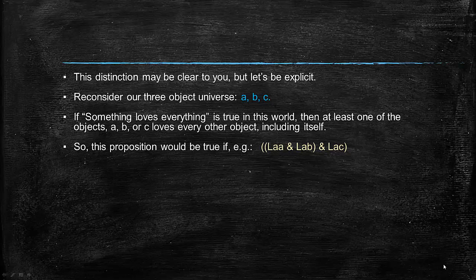So this proposition would be made true by a statement like this: A loves A, and A loves B, and A loves C. That's only one way for it to be true, but that would make the statement true. Something loves everything, and this would be A in this case, because A loves itself, A loves B, and A loves C.